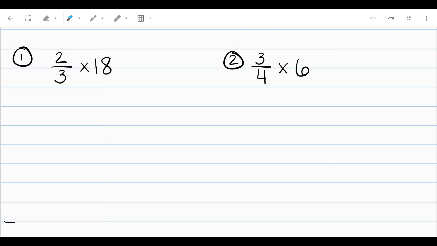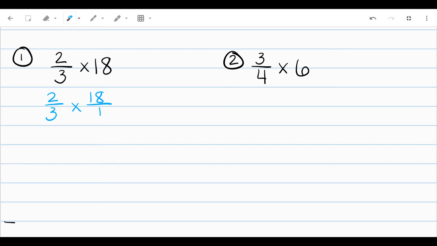If we rewrite this problem as 2/3 times 18 over 1, we can think about that as 18 divided by 1 equaling 18, because we can divide any number by 1 and still get that number.